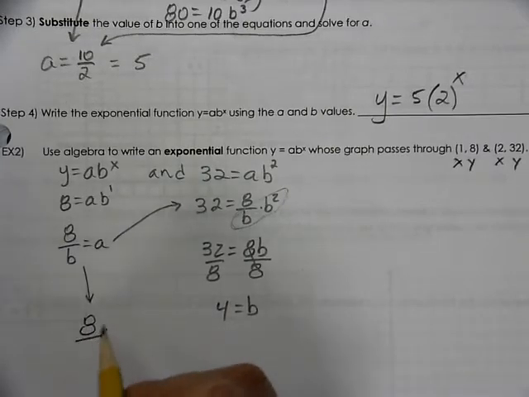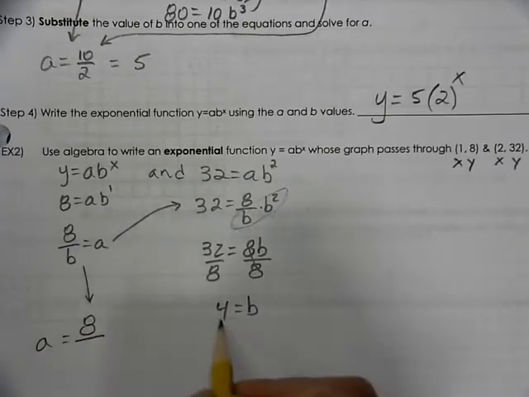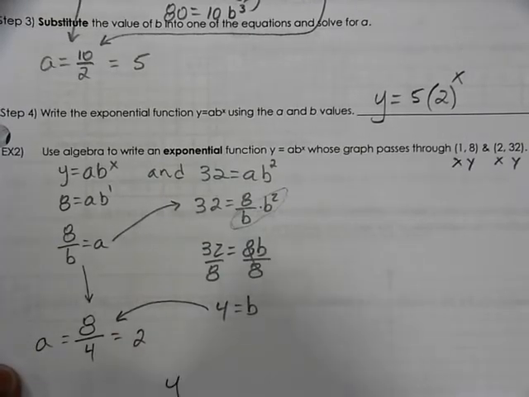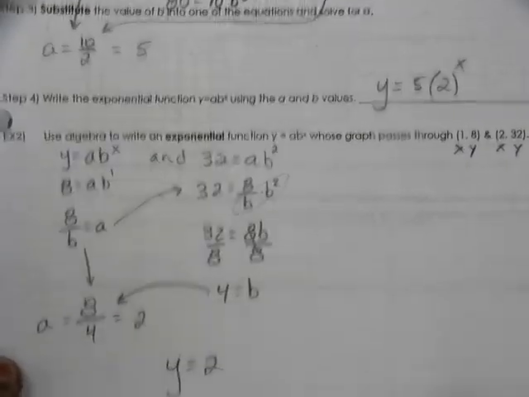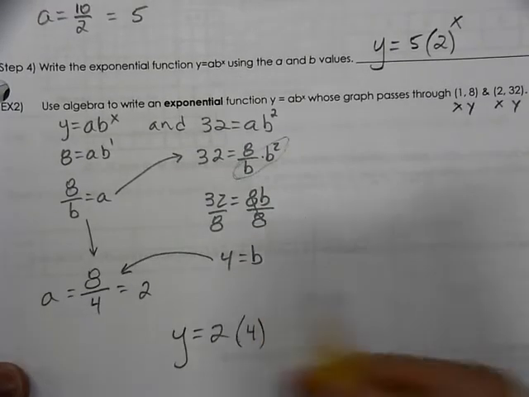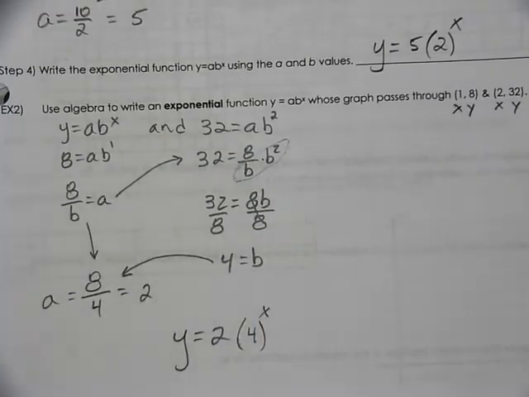I know that 8 divided by b, which is 8 divided by 4, is going to equal 2. So my final equation is a is 2 times b, which is 4, to the x power.